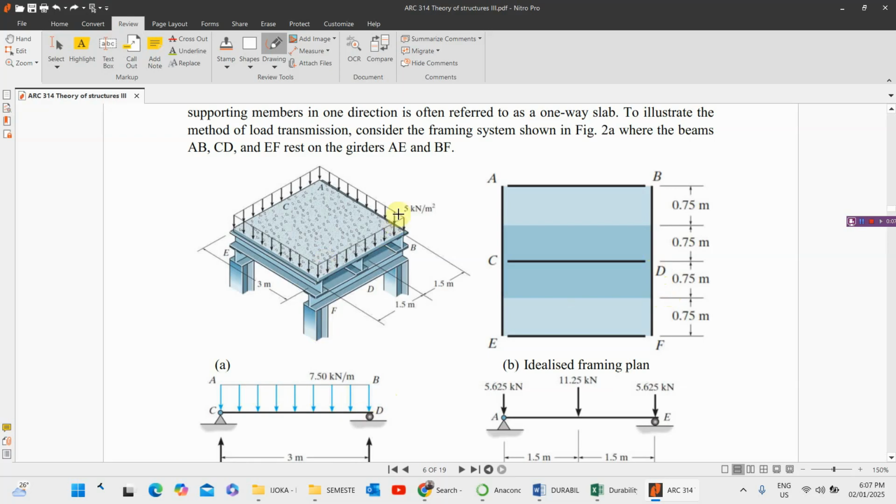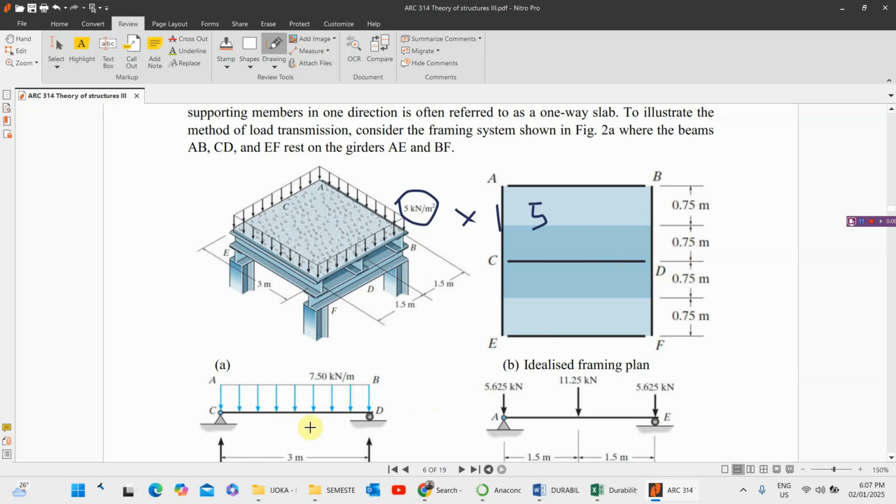All we need to do is multiply this 5 by 1.5. Once we do that, it will give us 7.5. That's the UDL that will be carried on this particular beam CD.